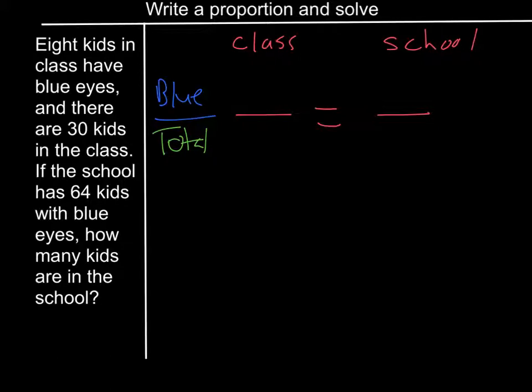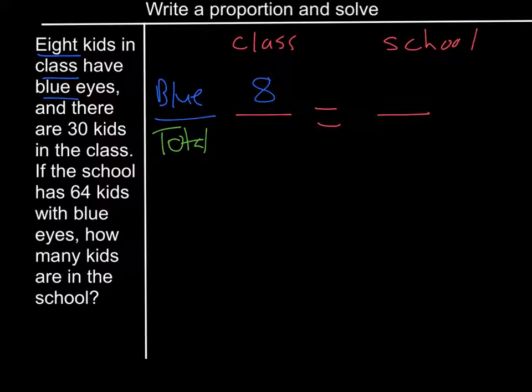Okay, so now we can take a look at this problem. And I see that I have 8 kids in class with blue eyes. So here's the blue eyes, that's the top. Here's the class, which means right here is where the 8 needs to go, because that is 8 kids in class that have blue eyes.